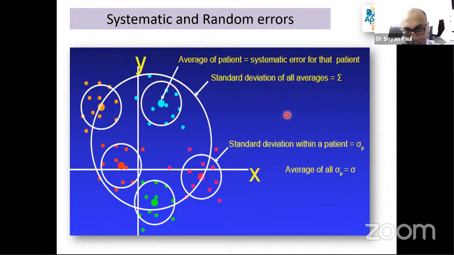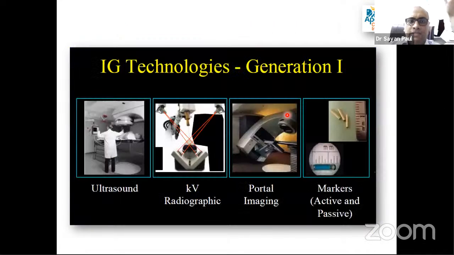And when you get the standard deviation within a patient for the entire set of fractions, like a patient getting 10 fractions, we find out the standard deviation of these 10 fractions for one patient, that is your small sigma. And when you average all these standard deviations, you get the random error. So by this formula, you can calculate PTV margins.